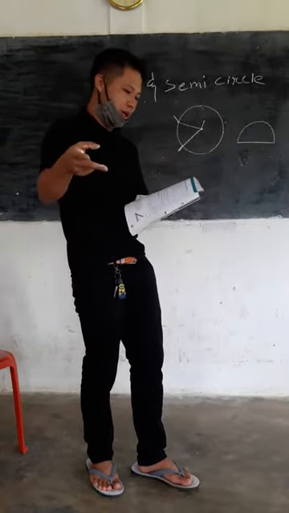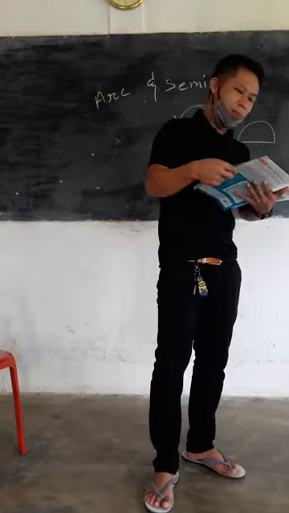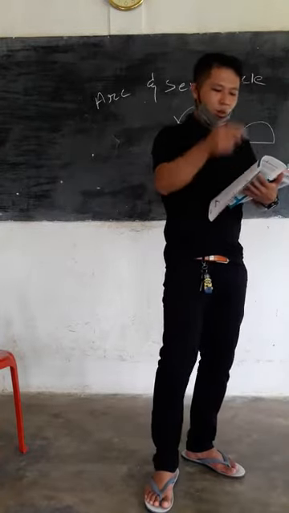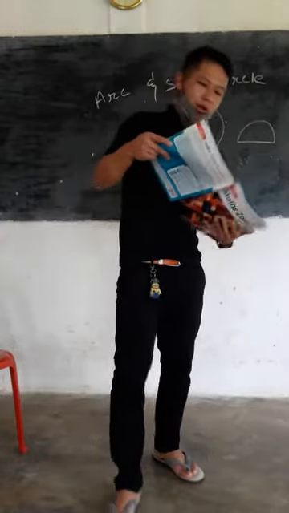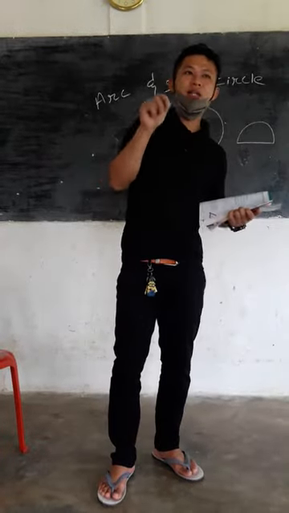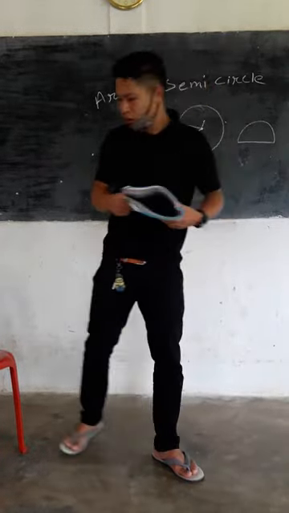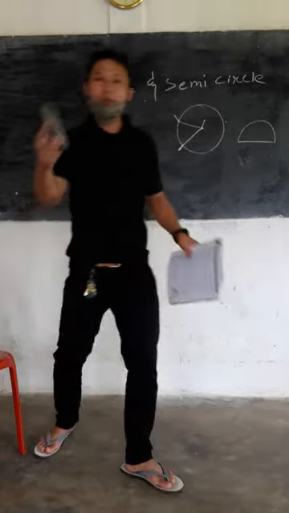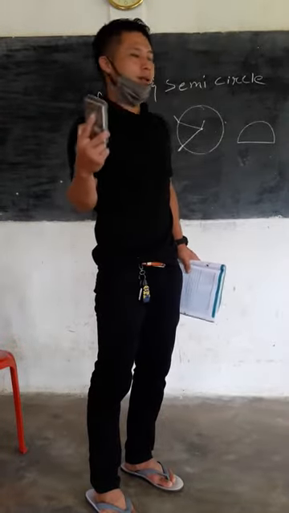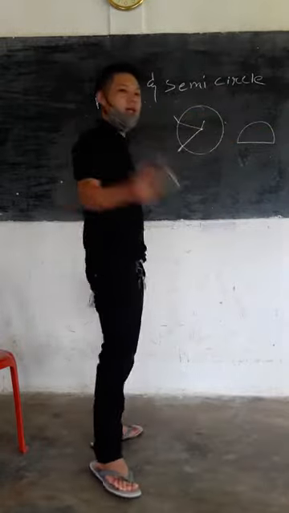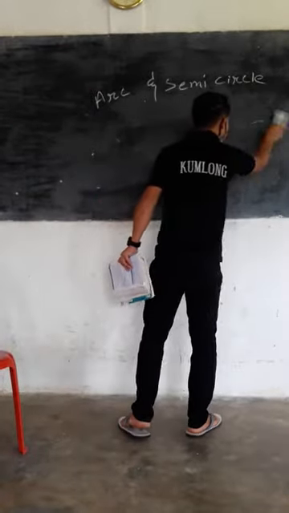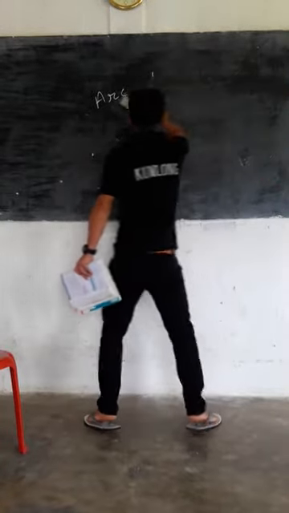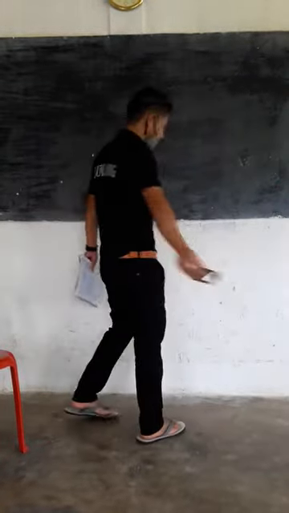Question number 3, match the equal distance by drawing lines. What has been done for you? In question number 3, match the following. Here in part A, they have given the numbers in kilometers, and we have to find out the answer in meters.